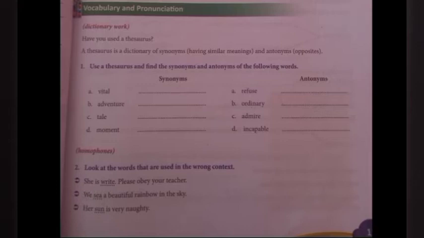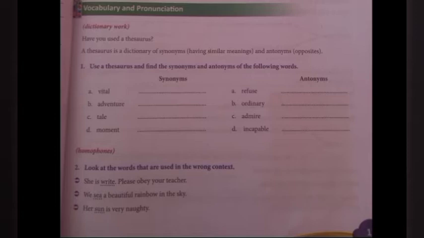So a dictionary is useful for finding the meaning of the word, and here the thesaurus is a dictionary of synonyms. Okay, so it is also like a dictionary of synonyms, meaning it gives similar words, and antonyms.